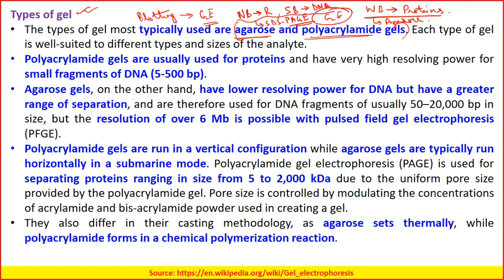So, as I said, polyacrylamide gels are usually used for proteins and they have very high resolving power for small fragments of DNA, which is around 5 to 500 base pair.